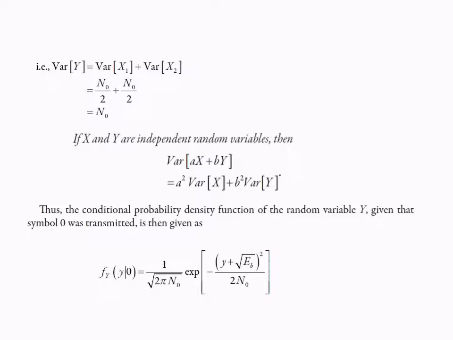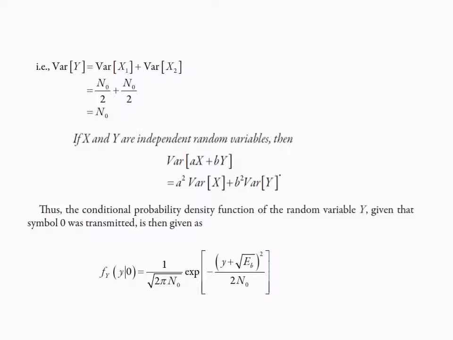That is given as f_Y(y given 0) equal to 1 divided by root of 2 pi N0, e raised to minus (y plus root of EB) whole square divided by 2 N0. You can see this equation.